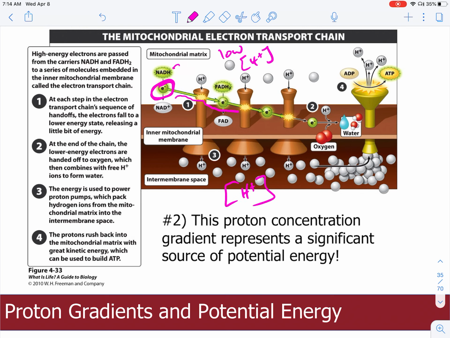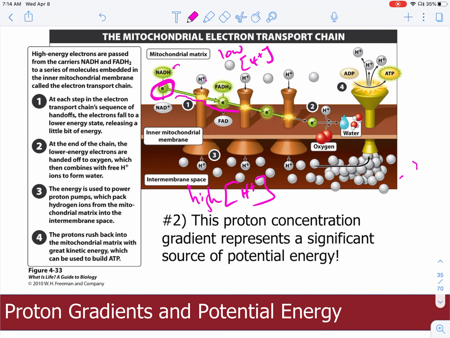You remember from your talk with Dr. Handy that this is called active transport, when something goes against a concentration gradient. And so we need the energy of electrons to push those protons out of the matrix into the intermembrane space.